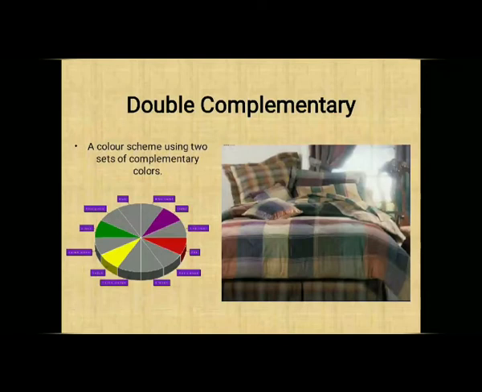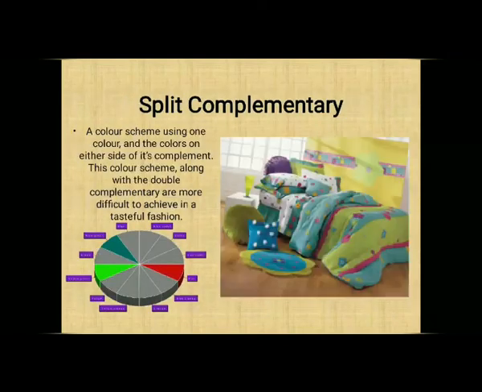Even this scheme is used with all the other shades, tints, values and intensity of the colors. Please remember these topics: value of the color, intensity of a color, tone, tint, shade, and everything is used in each and every scheme.